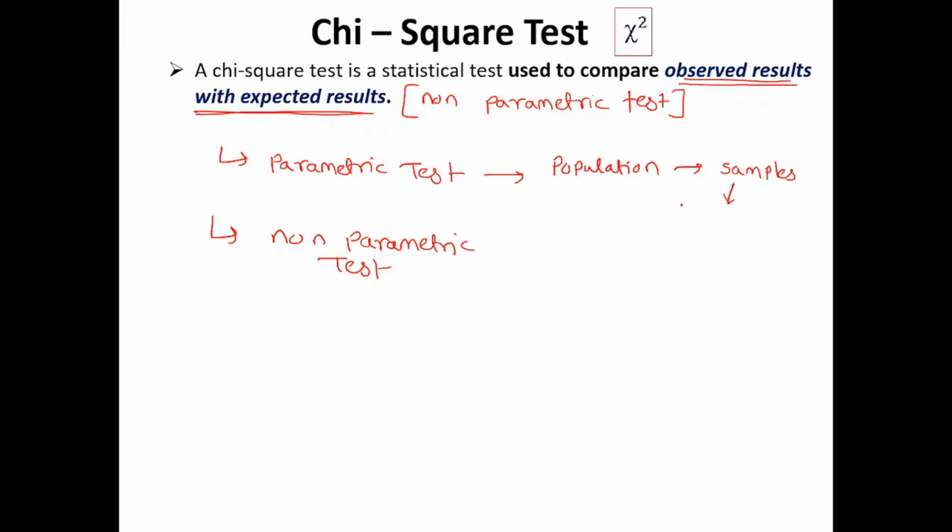From the samples or from the population, we find out the mean, variance or standard deviation. But in non-parametric test, we only compare the observed result with the expected result, and from that we draw the conclusions. So let's see that.